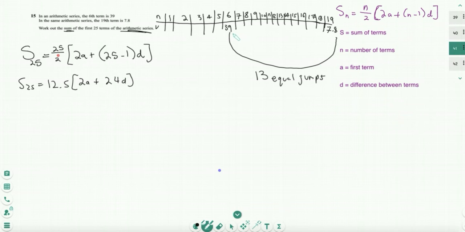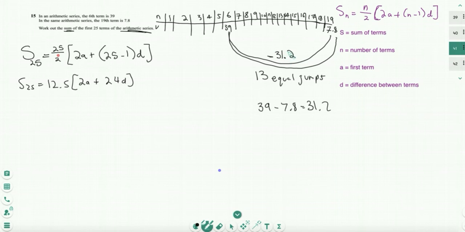And we know the jump from 39 to 7.8. So I'm just going to do 39 minus 7.8. The difference between these two numbers is 31.2. So the jump from 39 to 7.8 is minus 31.2 because we're going backwards.